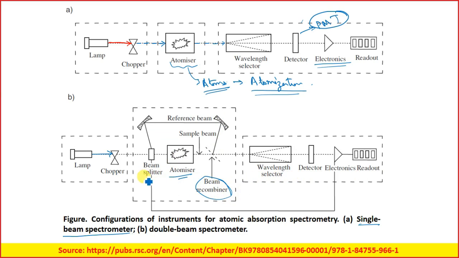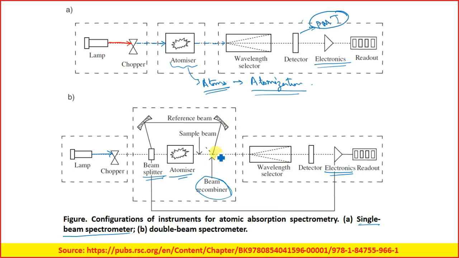Now this beam splitter sends a signal for a fraction of time to the atomizer and another fraction of time to this concave lens. It is controlled by this electronics.